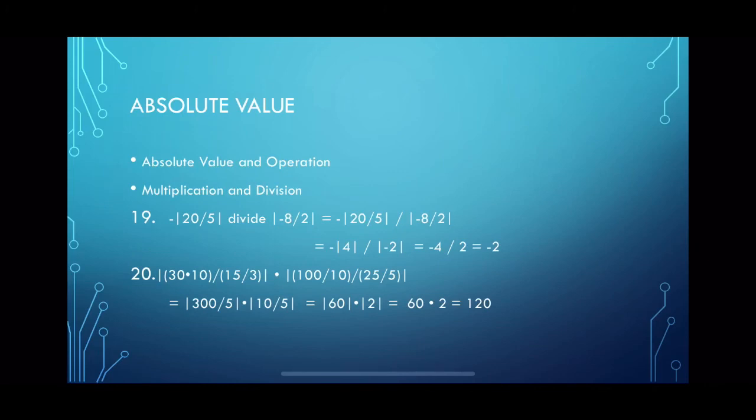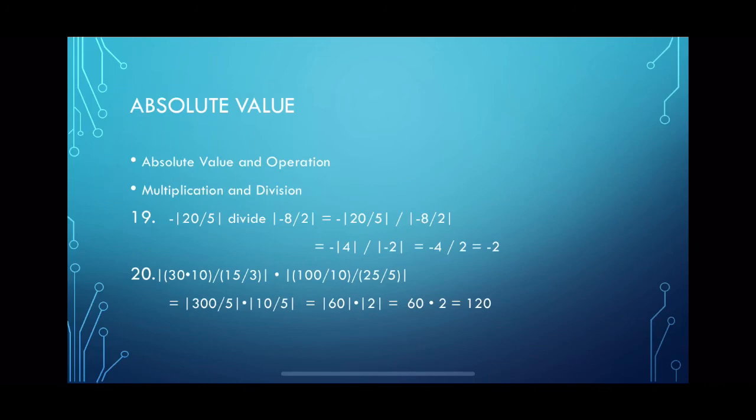Then for 100 divided by 10, we have 10. And for 25 over 5, we have 5. So therefore, we have absolute value of 10 over 5. So for absolute value of 300 divided by 5, we have absolute value of 60.